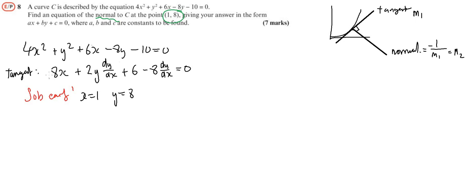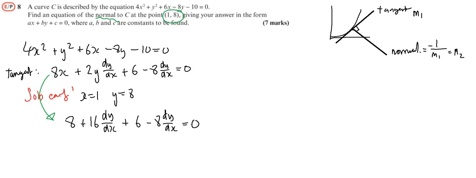So this equation becomes 8 times x, which is 8, plus 2 times y, so that's 16 dy by dx, plus 6, that's just a constant, minus 8 times dy by dx, and that's equal to 0. Right, let's make it easier to rearrange.